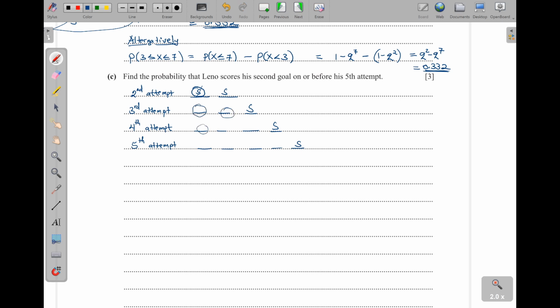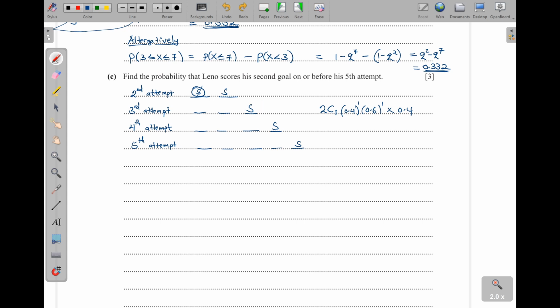Here it can be on the first, on the second, or on the third. So that means there we're multiplying by 3. Then here it can be here, here, here, or here. So we are multiplying there by 4. So in other words, I will take these as binomials. I say out of the 2 attempts, 1 gives us a success, and the success is 0.4. And then 0.6 here, or 1. But then I will multiply with the 0.4, the last success here.